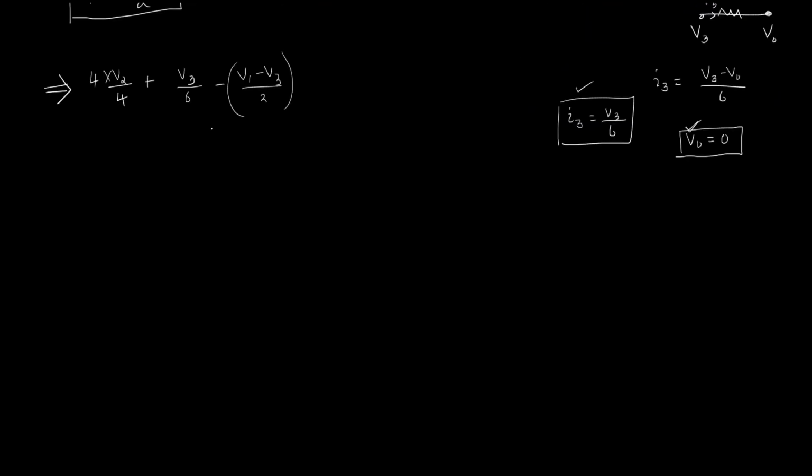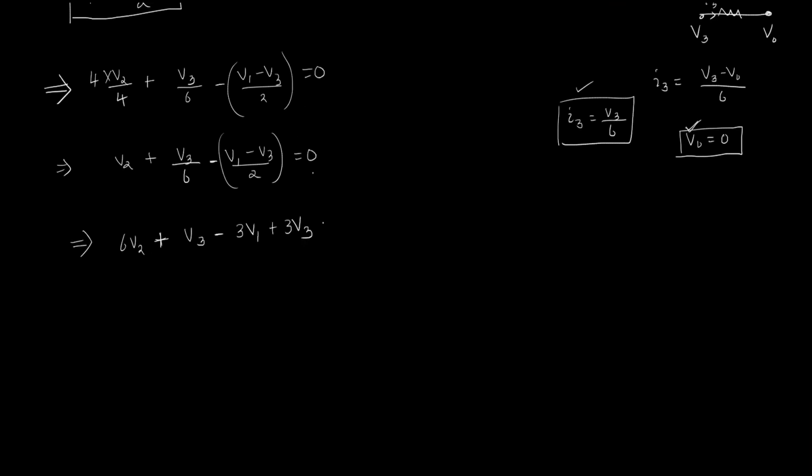Now by taking LCM and solving it, we obtain V2 plus V3 by 6 minus (V1 minus V3) by 2. So 6V2 plus V3 minus 3V1 plus 3V3, which equals 0.